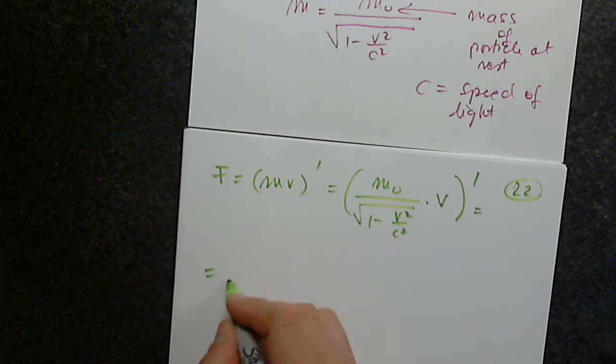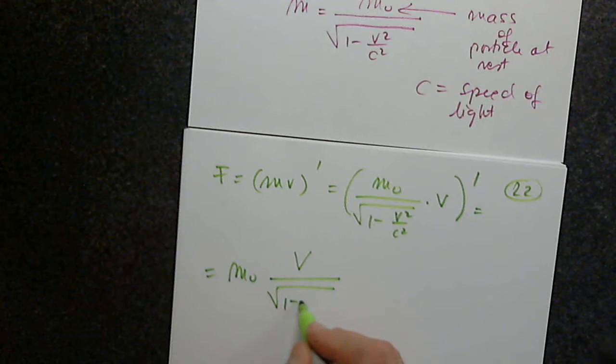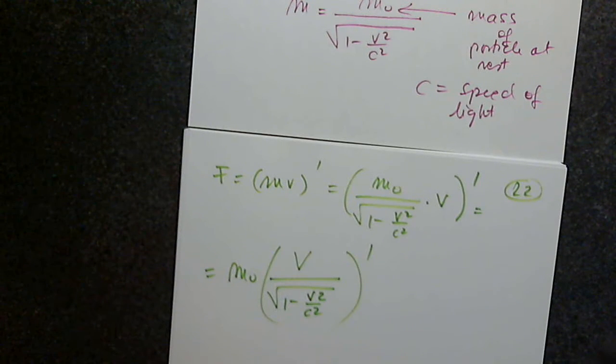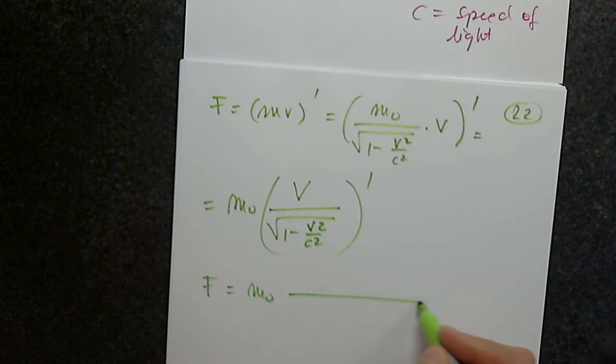Because m0 is a constant, I will put it out, and I will have v over the square root of 1 minus v squared over c squared, prime. We know that v, which is the velocity, is a function of time. Okay, so let's differentiate. So F equals m0.